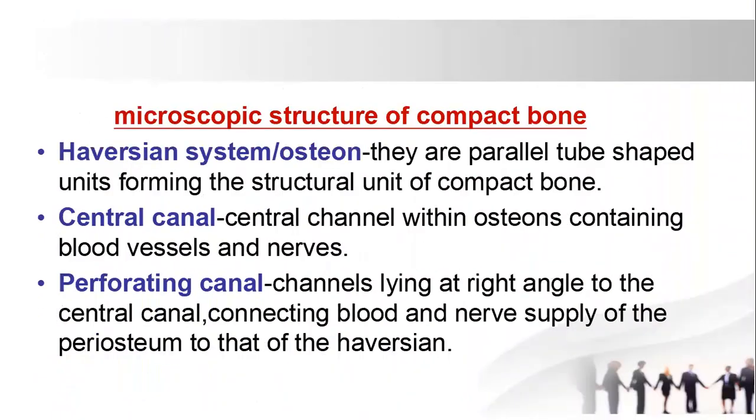Now, the microscopic structure of compact bone. We have some parts of this compact bone. First of all, we begin with the Haversian system or osteon. Osteons are parallel tube-shaped units forming the structural unit of compact bone.